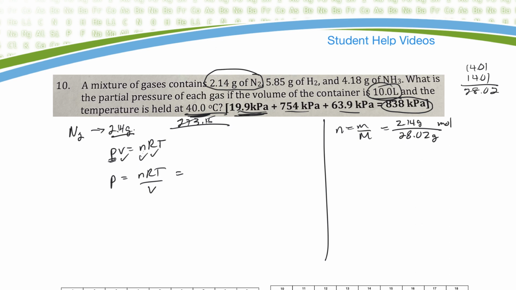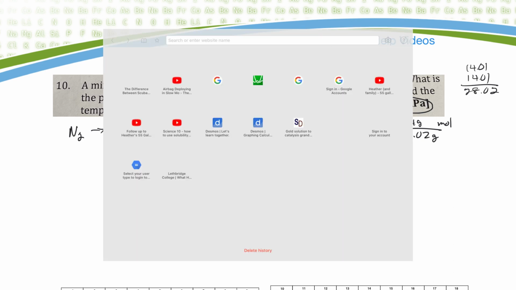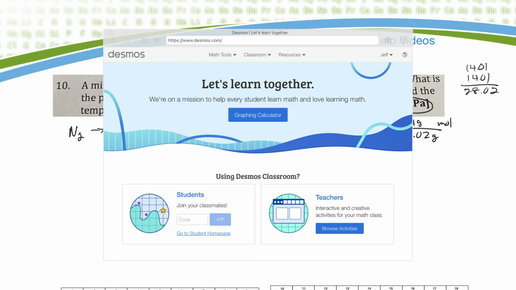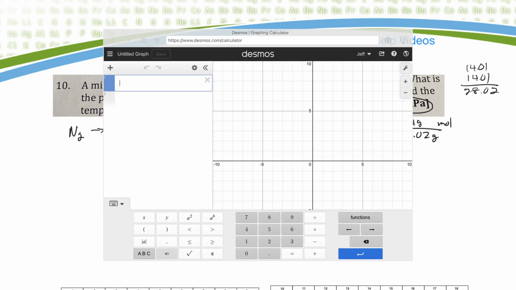Calculator. So what was it? 2.14 divided by 28.02.